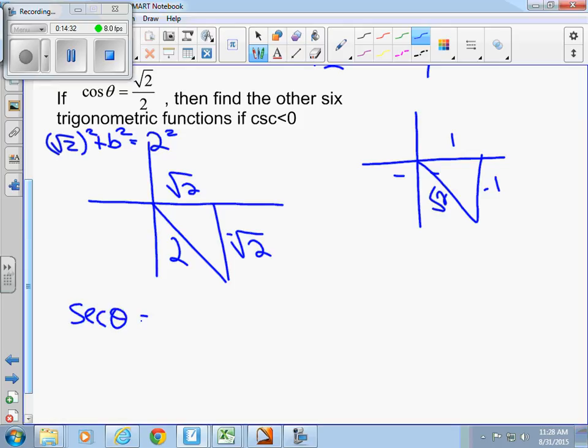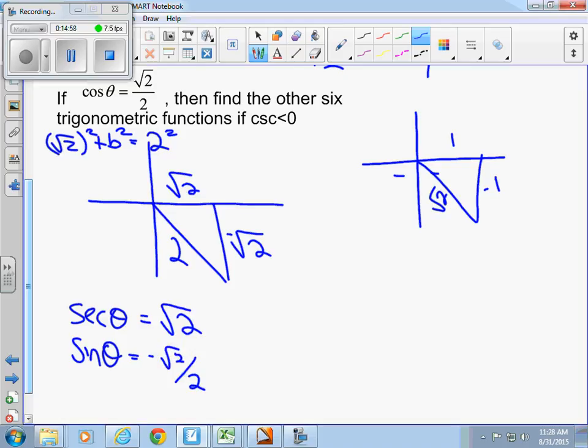Secant is the reciprocal, so 2 over radical 2. If you rationalize that, you do just get radical 2. Am I going too fast? Alright. Sine would be negative radical 2 over 2.